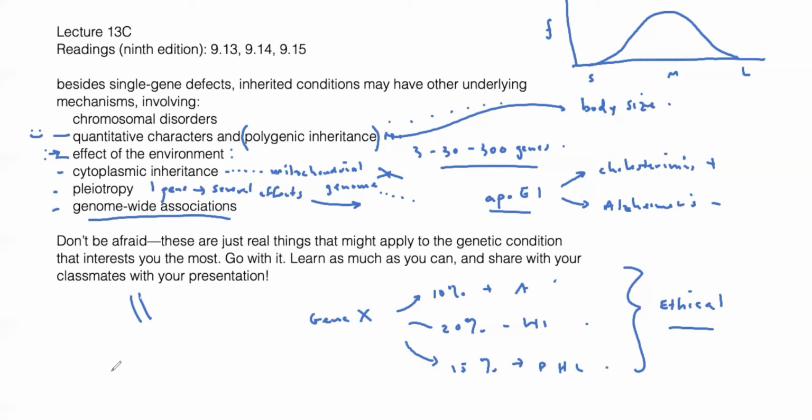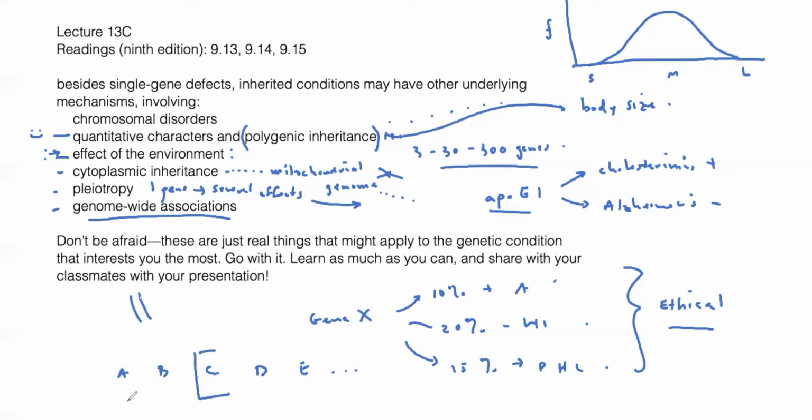If you have a condition that might be caused by genes A, B, C, D, E, if you have a condition for which there might be 12 different known genes, and you're looking at this and saying, well, I am going to be totally overwhelmed if I have to talk about 12 different genes, I will tell you, no, you don't have to talk about 12 genes.